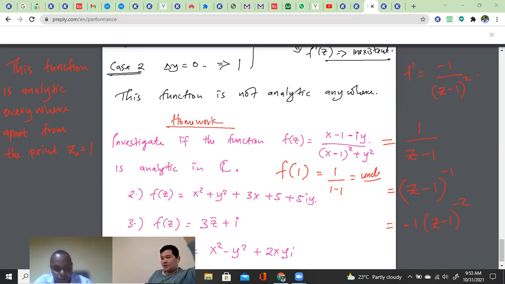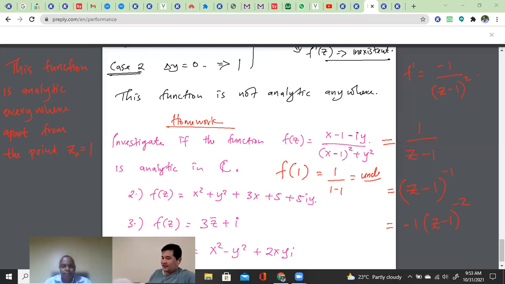So we only have two aims: to find whether a function is continuous or analytic. To find continuity, we understand what we need. To find analytic, we need the differentiation rules or the Cauchy-Riemann equation.